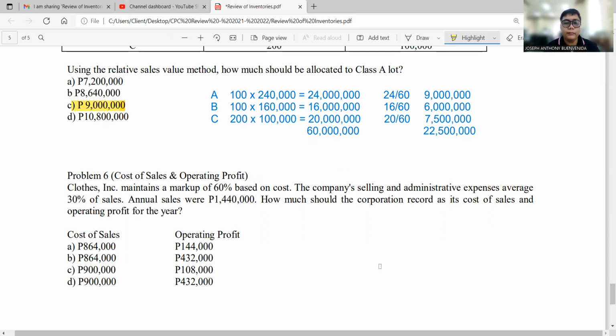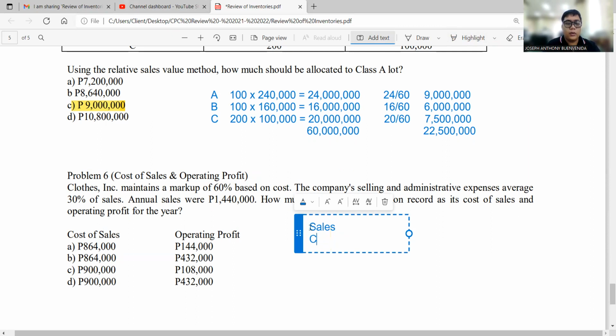So ang markup niya is 60% based on cost. So sales, cost of goods, cost of sales, and gross margin. Okay? So hambal niya, ang sales niya is 1,440,000.